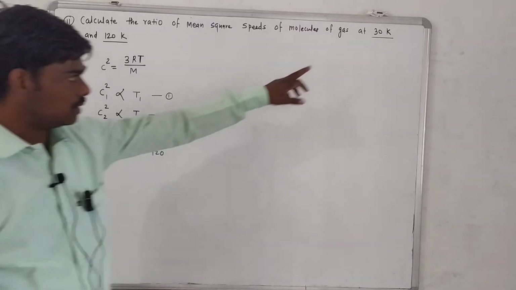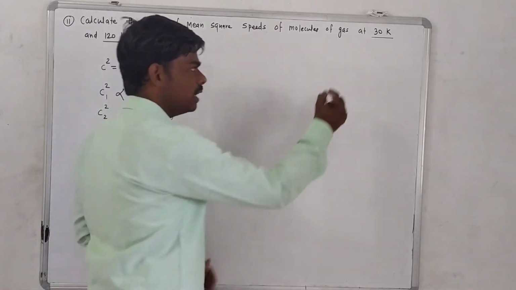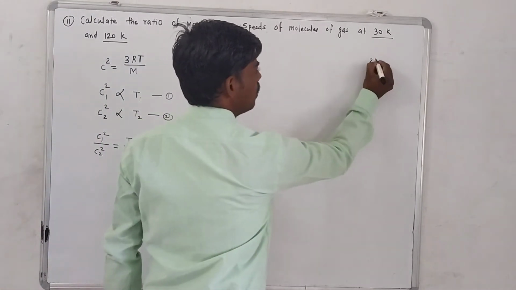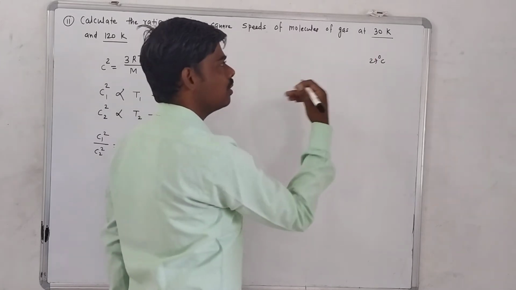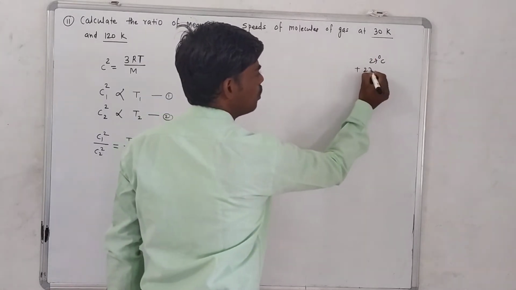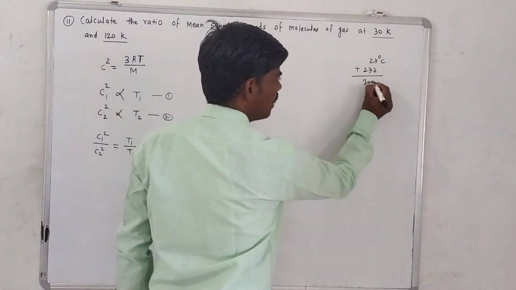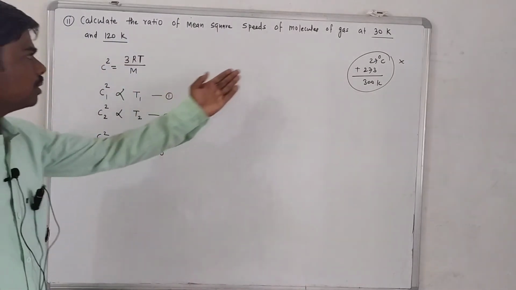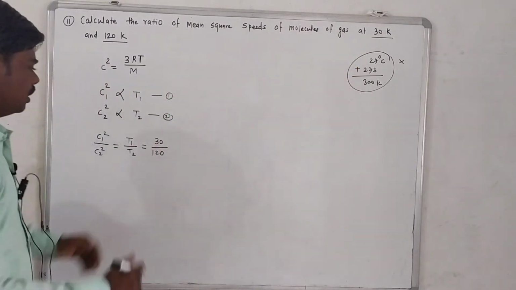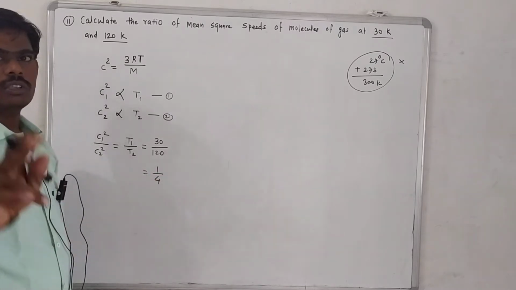Sometimes the temperature is mentioned in degree Celsius. Suppose 27 degree Celsius, we have to convert it into Kelvin by adding 273, so it becomes 300 Kelvin. But in this problem it is not needed, as the temperature is given directly in Kelvin. Taking the ratio, 1:4. This is your answer.